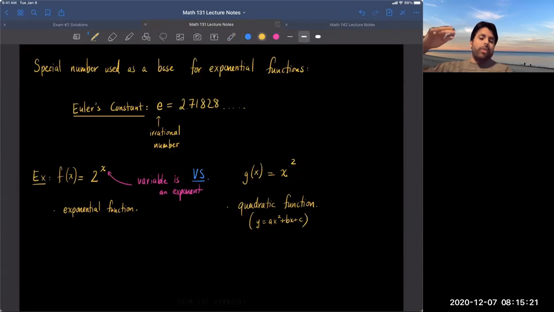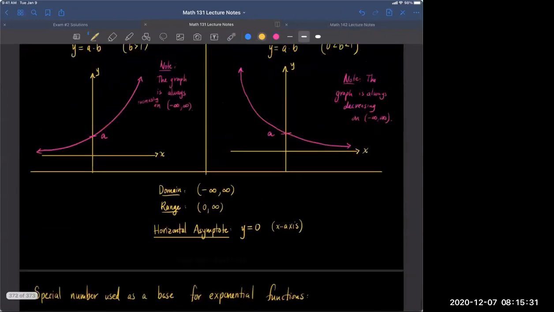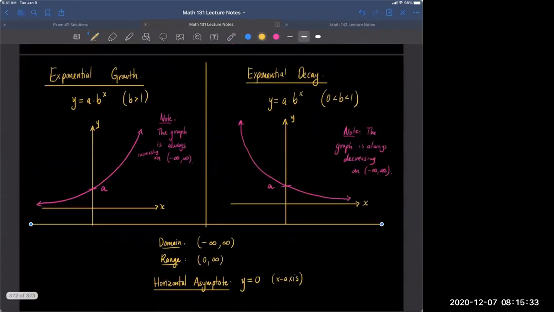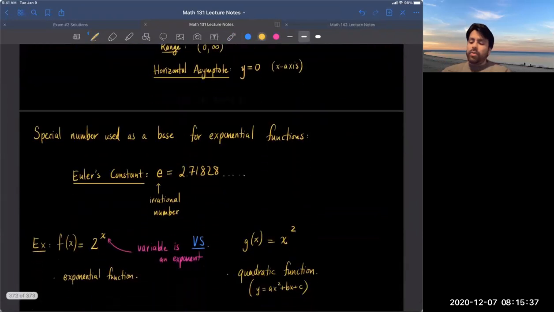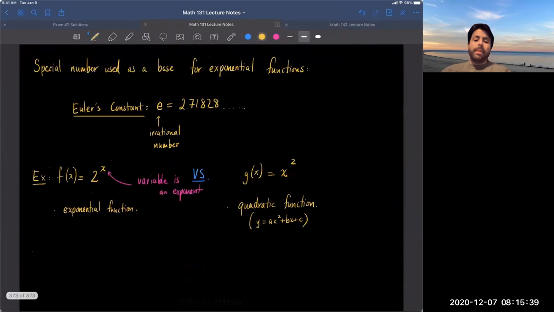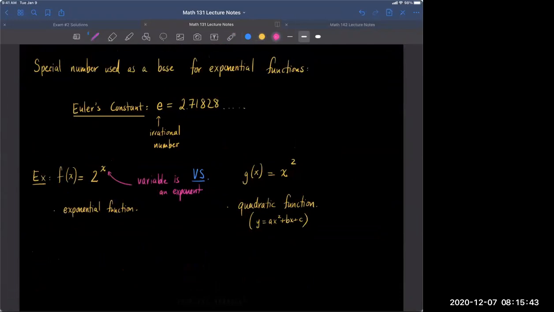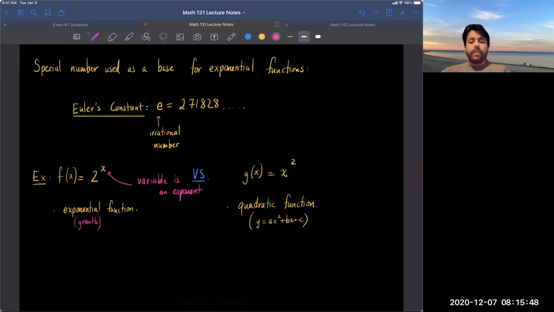Is it growth or is it a decay exponential function? Growth. Well, remember how we defined our functions. They're either growing or decaying based upon the base. Now my base here is a 2. And since the base is bigger than 1, it's going to be growth. Definitely. It's a growth function.